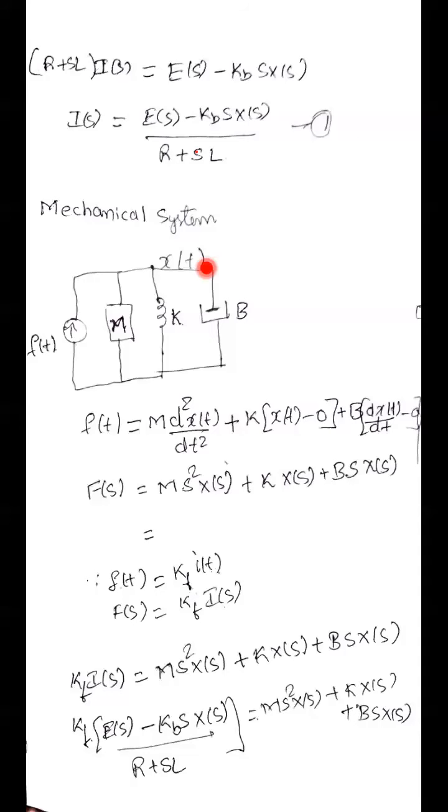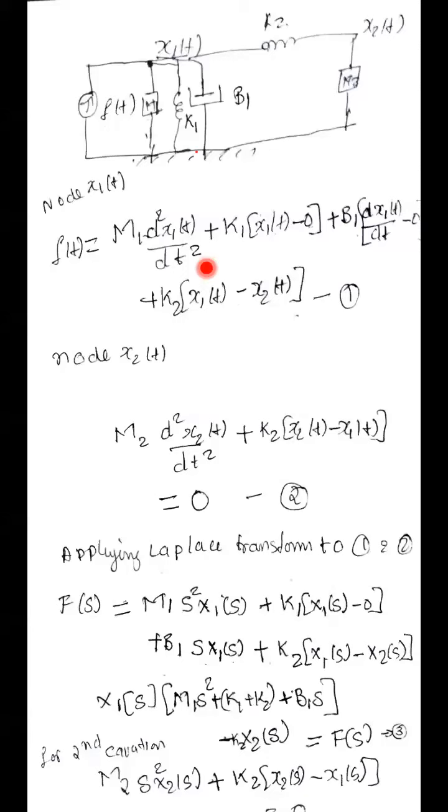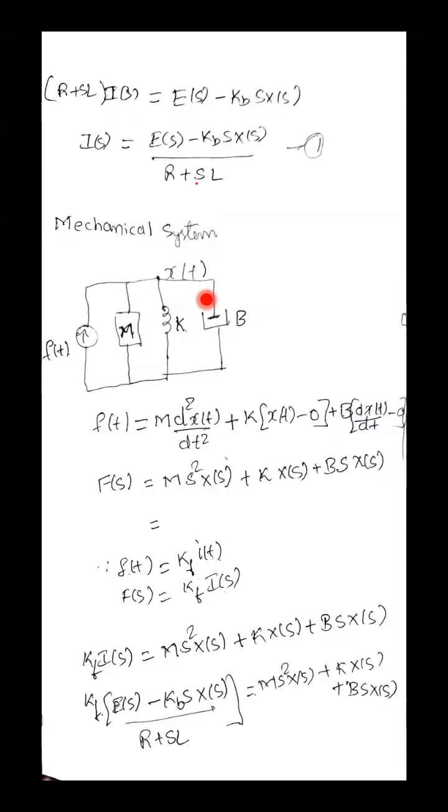So force f of t is due to the current I of t. So f of t, m, k, and b, which is connected to your x of t.